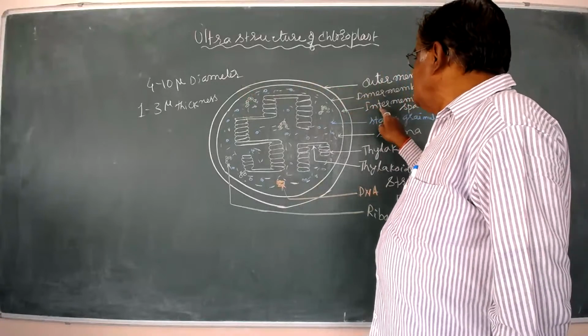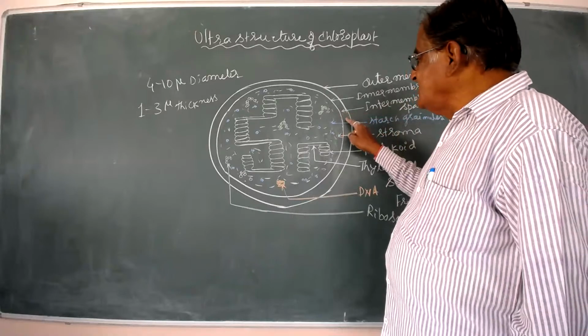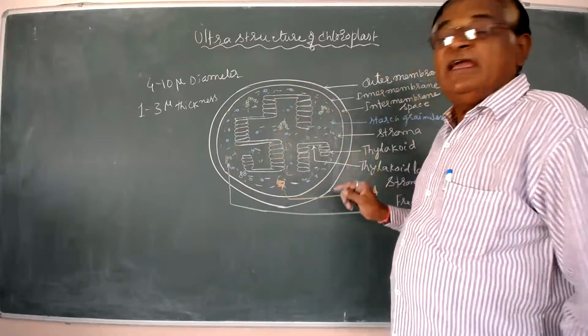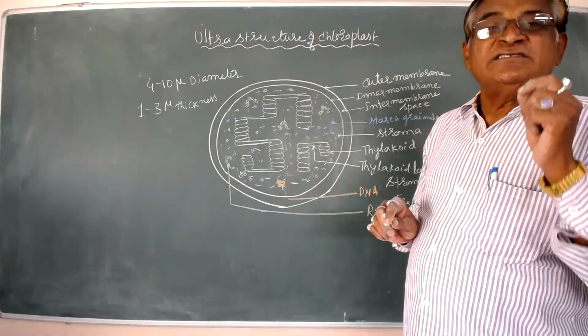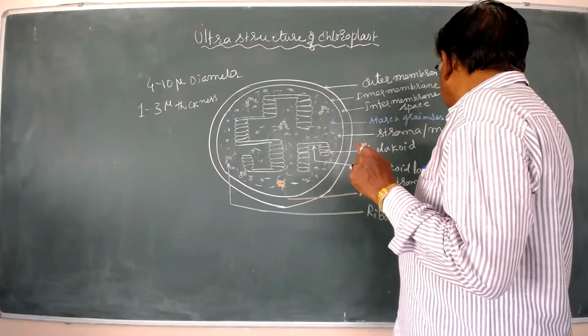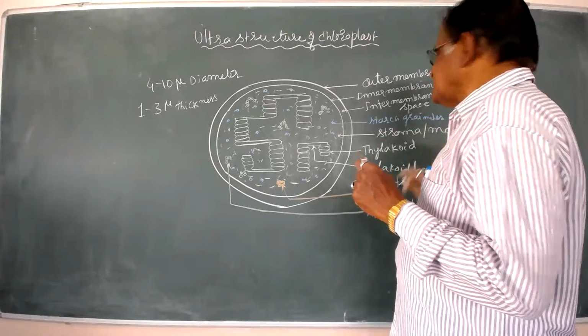In between the outer and the inner membrane, you will have the intermembrane space. Inside the inner membrane, you will find a semi-fluid called the stroma or matrix.